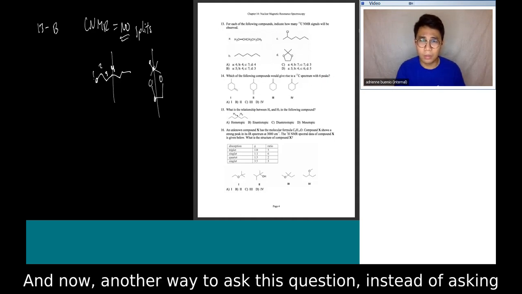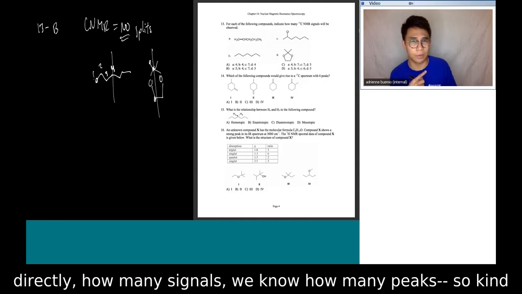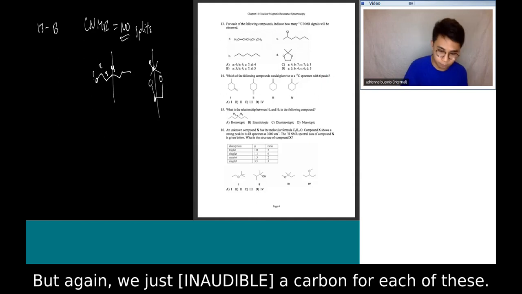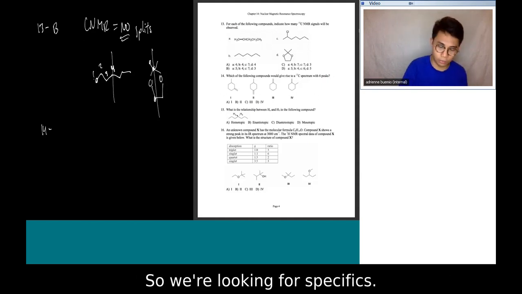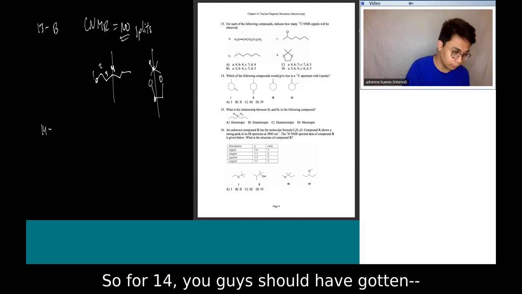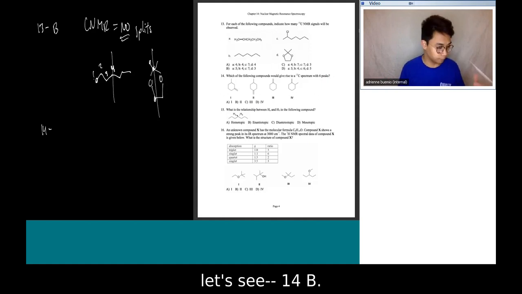And now, another way to ask this question is instead of asking directly how many signals, how many peaks. So kind of the same thing as with H NMR. But again, we just count the carbons for each of these. So we're looking for 6. For 14, you guys should have gone 14B, right?